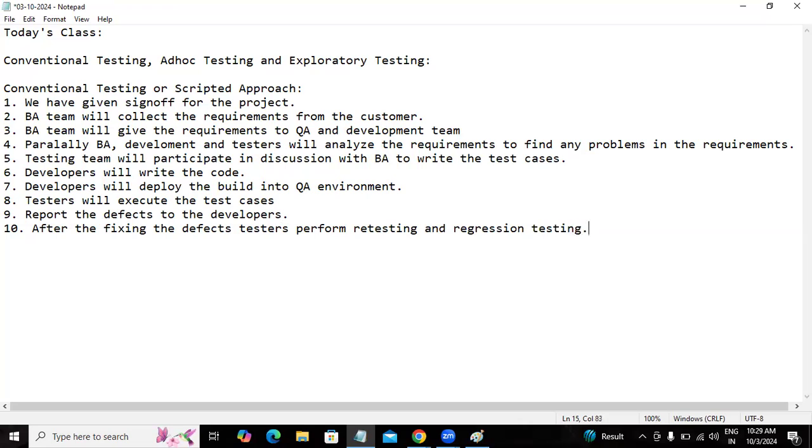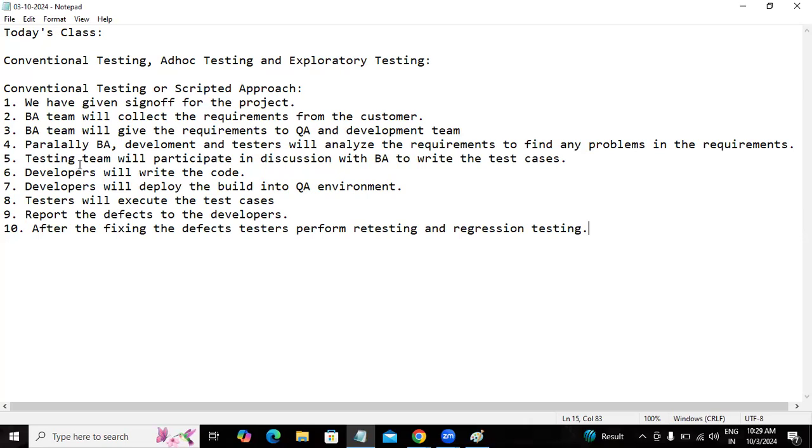So these things happen in conventional testing. It means we have a step-by-step approach, guys. You can see we have the sign off. After that our BA team will collect the requirements. Based on that requirement, our QA team or BA team needs to understand it. If they find any issues, we are going to discuss with the client. After that, the BA team will share the requirements with the development team and testing team.